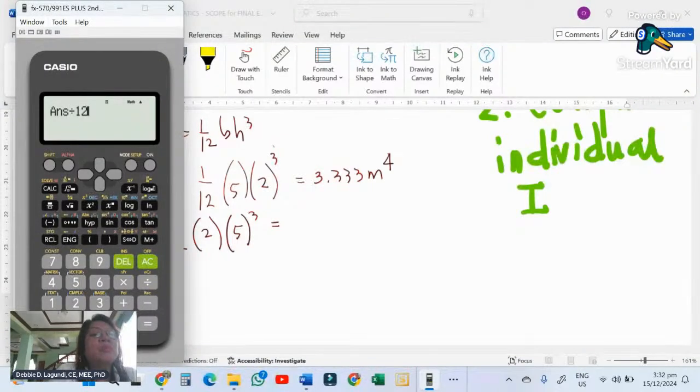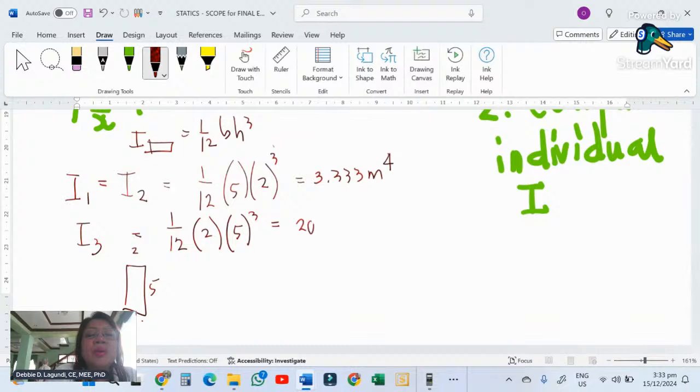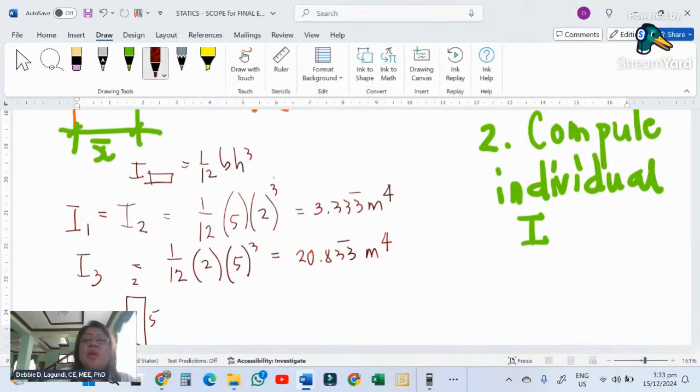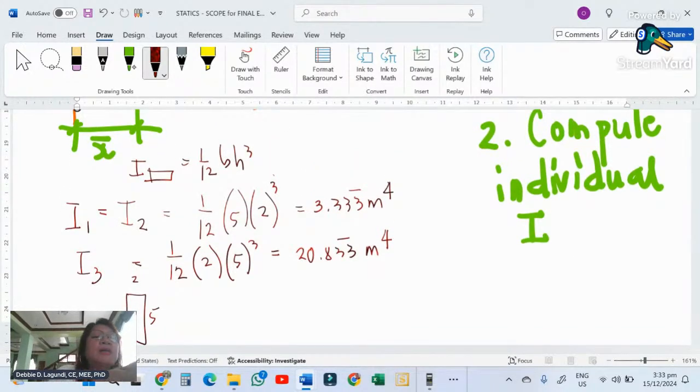It's 1 divided by 12 times the base times 5 cubed. There, okay? So it's 20.833 repeating m to the fourth. All right. So this is step 2, compute individual I.